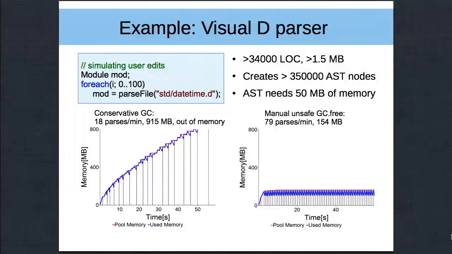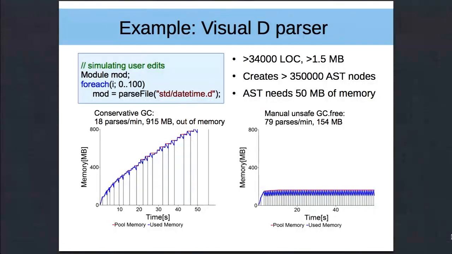So when I repeatedly run this parsing loop, you see here what the memory usage actually is. The red line is the memory of the pools that are allocated by the GC, and the blue line is the actually used memory.